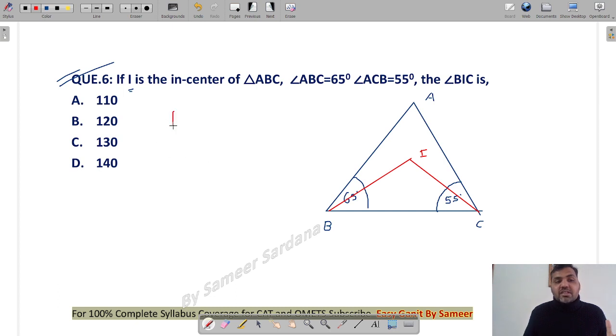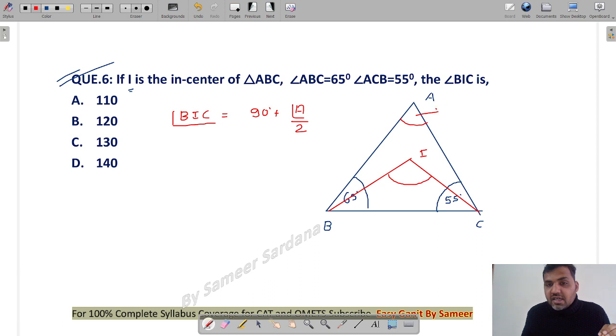And the property says the angle made at the incenter will always be equal to 90 degree plus half of the opposite angle, right? So this is the angle we are supposed to find out, 90 plus half of opposite angle. Even if you don't know this property, you can easily prove it.